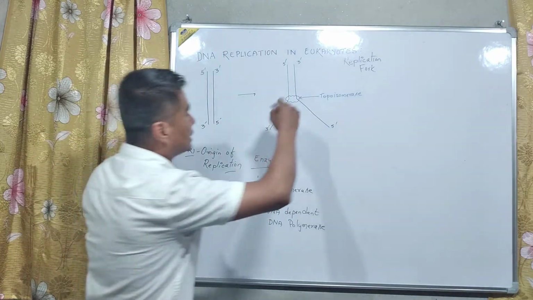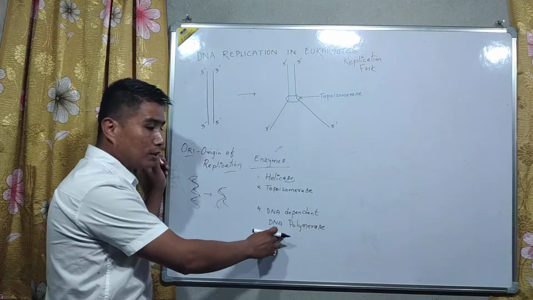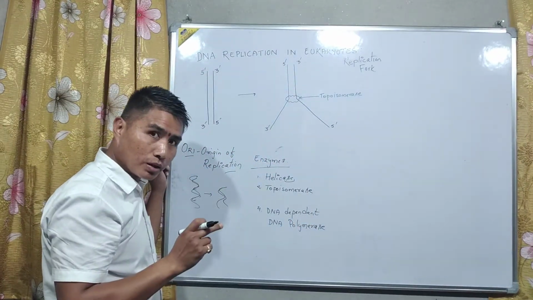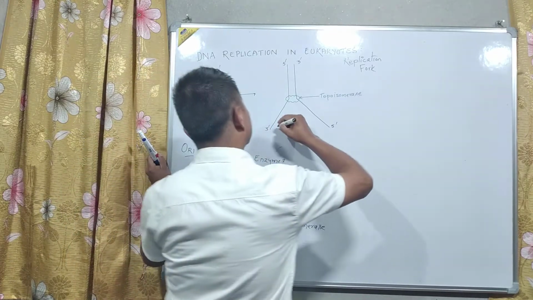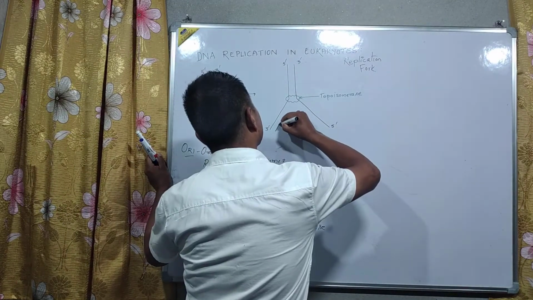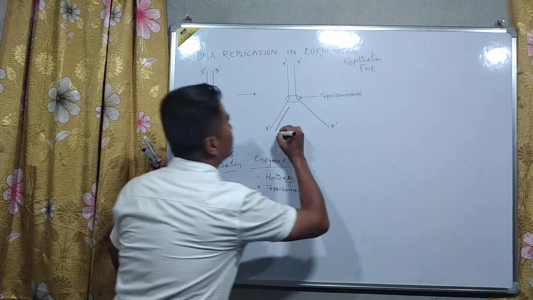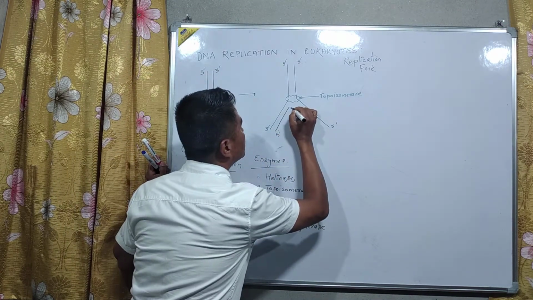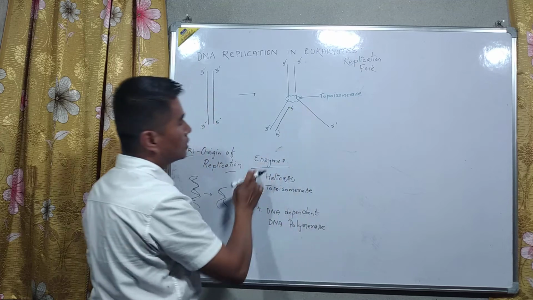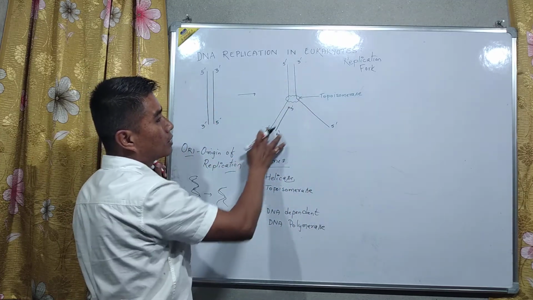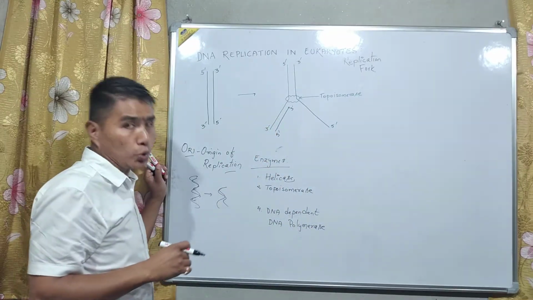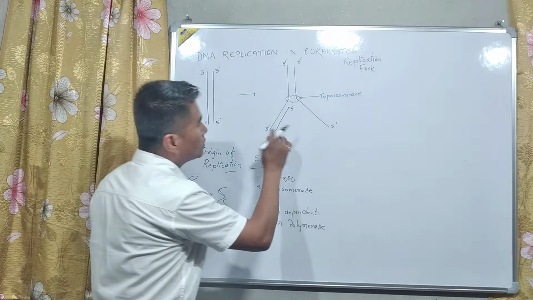It will make the new DNA strand, opposite in the polarity. So that means, see here, from 5 prime to 3 prime this way. So that when they open up, the opposite polarity will be maintained.